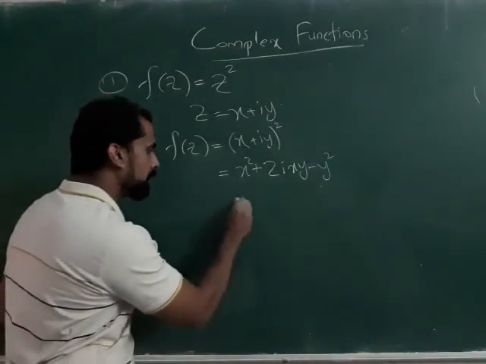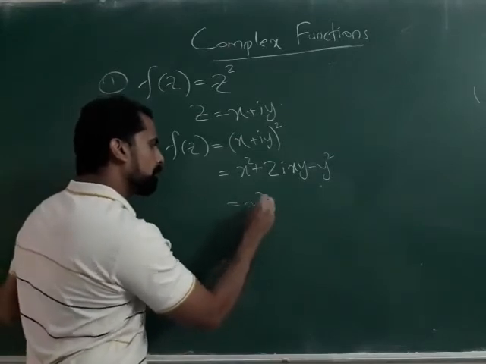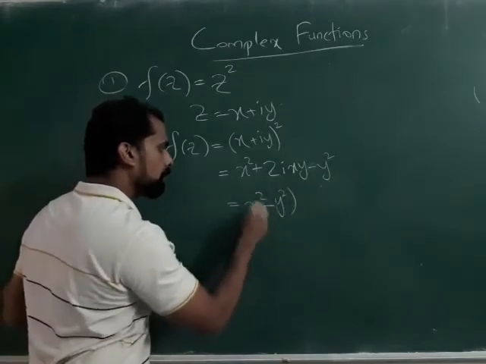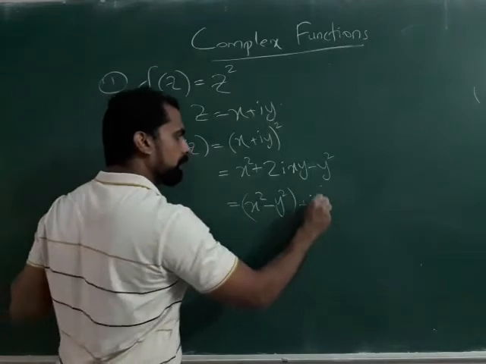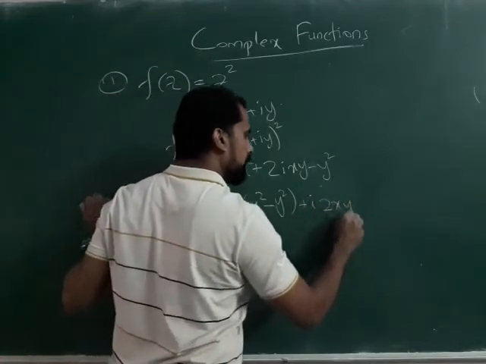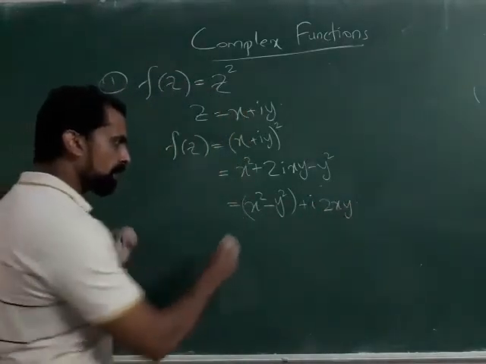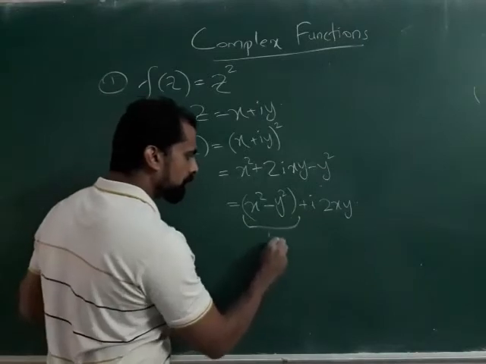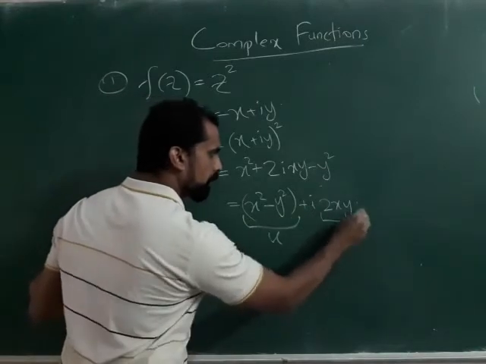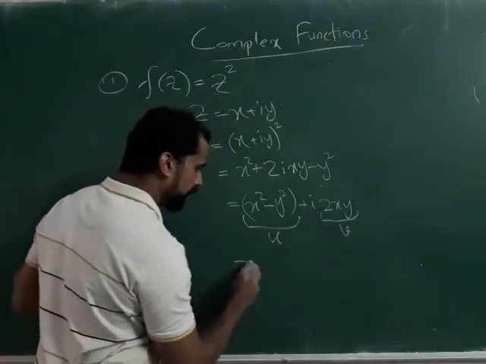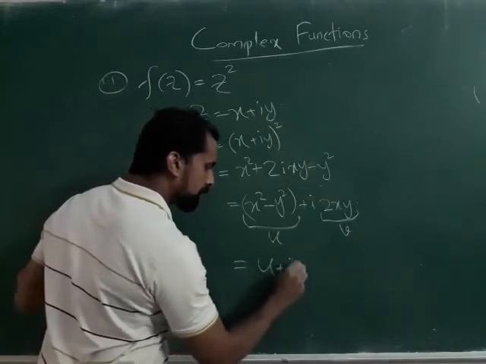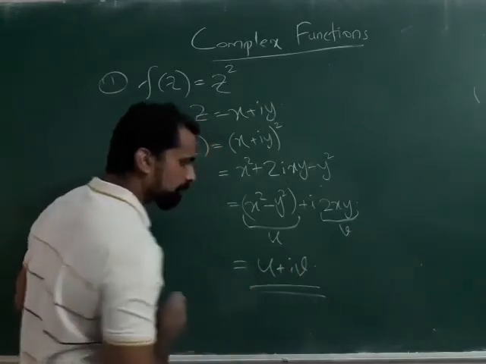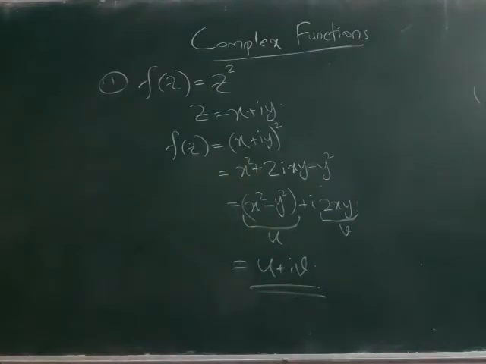So you will get x square minus y square plus i into 2xy. Here this is your u and this is your v. So you can write u plus iv. Okay, so this is the way to get a complex function.